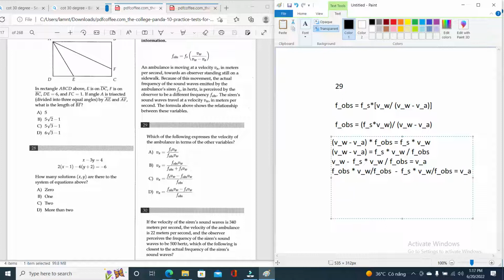Right? So now we have all of them divided by F observed, so we can factor out 1 over F observed, right?